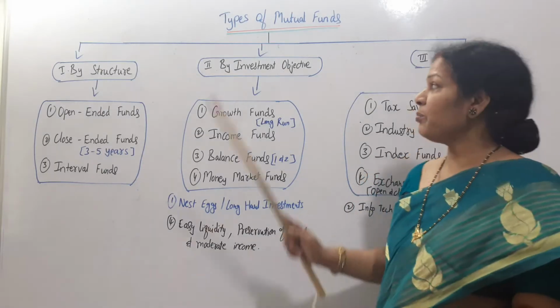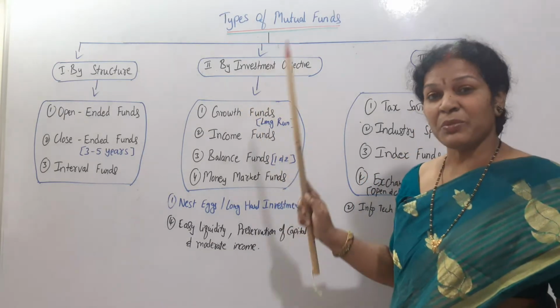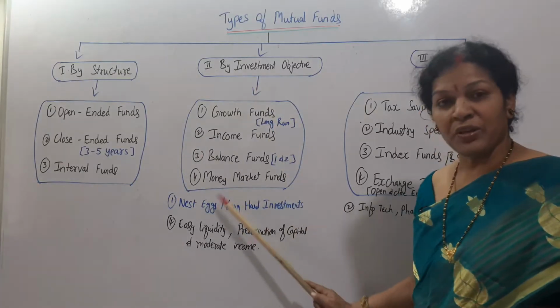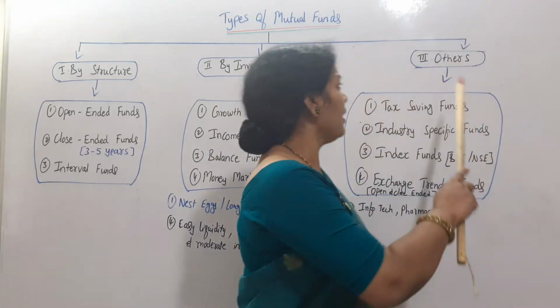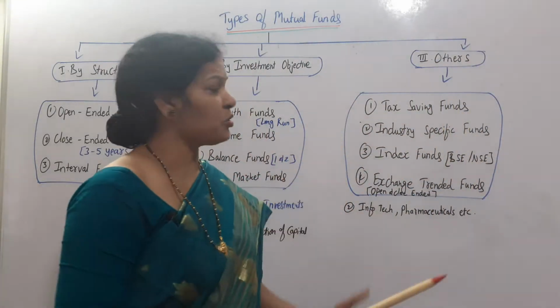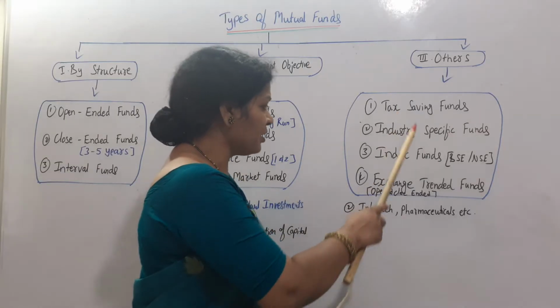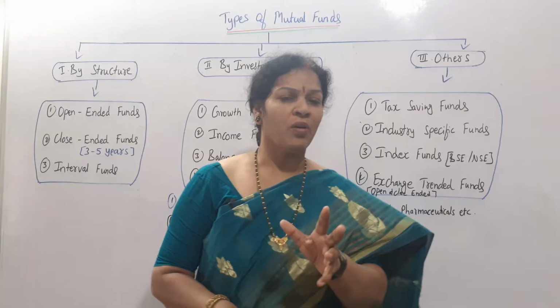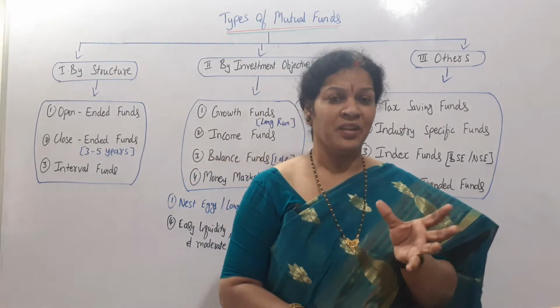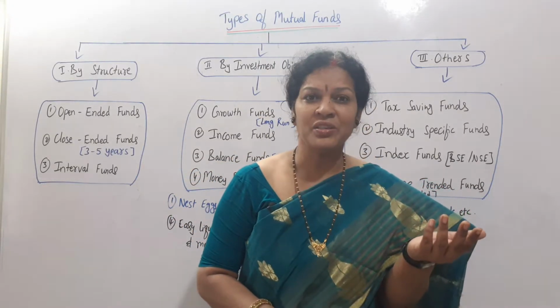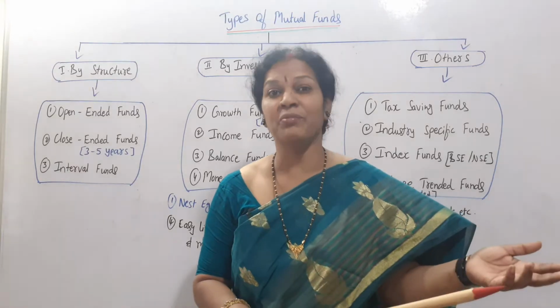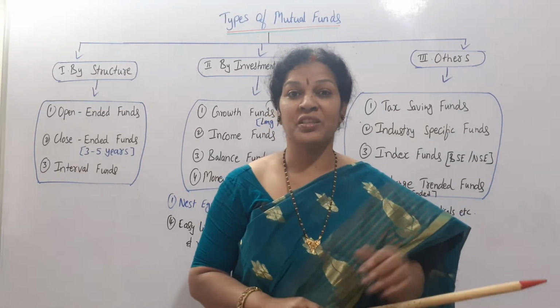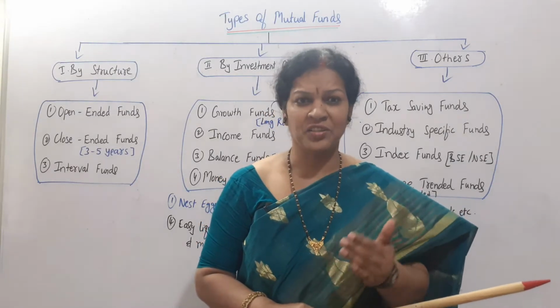So for their objective, means by investment objective there are total 4 types of mutual funds and others apart from these two. If you have an idea about what type of mutual fund and what are the benefits, then you can invest accordingly, or you can suggest someone who wanted to invest in the mutual funds. Let's see each and every point.